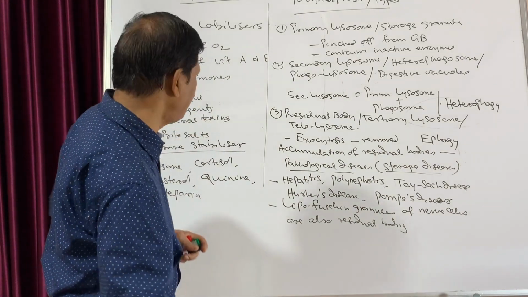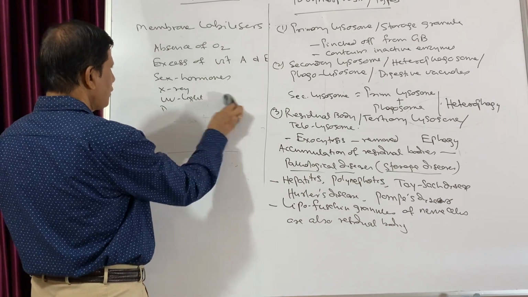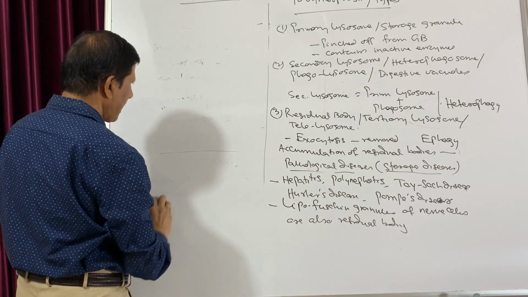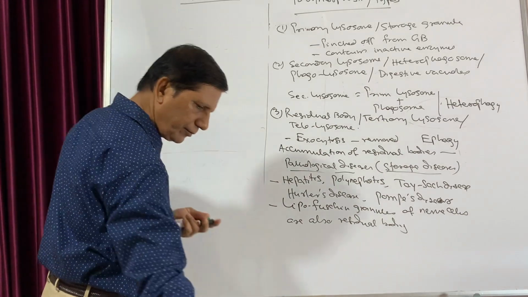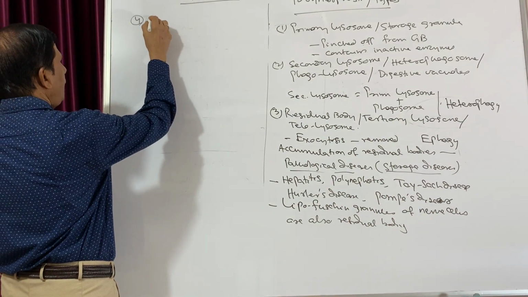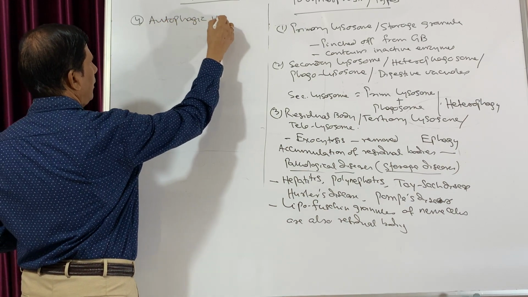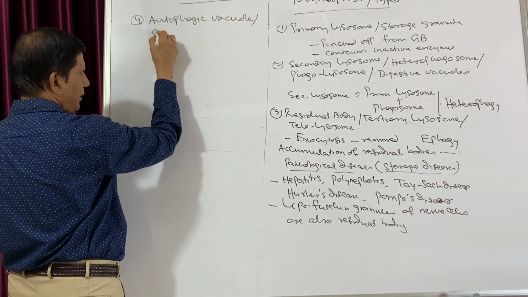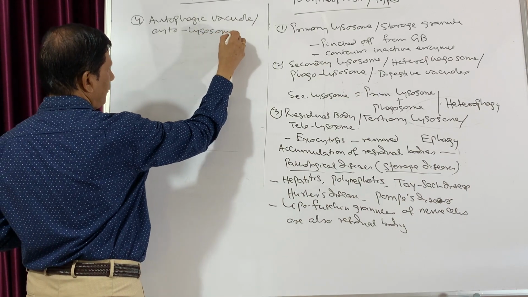Now the fourth type of lysosome is known as the autophagic vacuole, or cytolysosome.